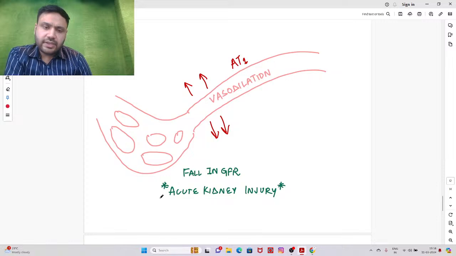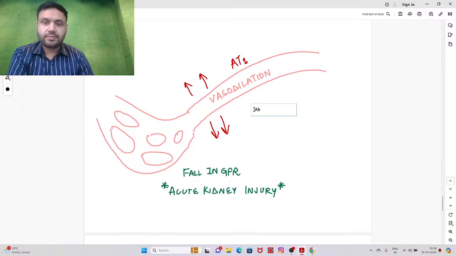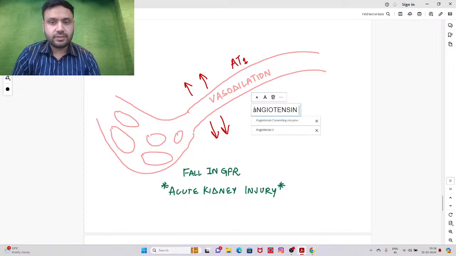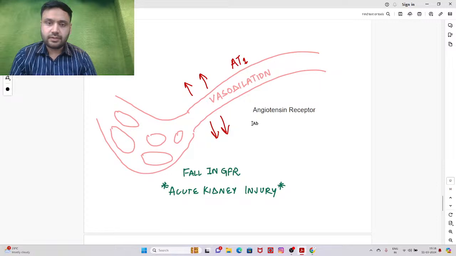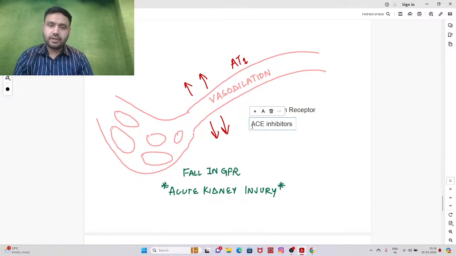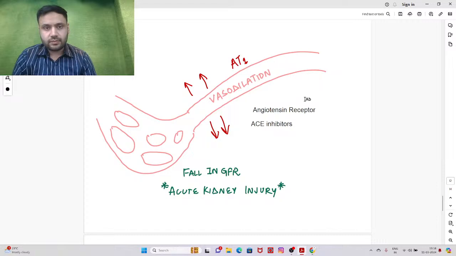Acute kidney injury is one of the important side effects of drugs used in heart failure, and one of them is angiotensin receptor blockers. The second category is ACE inhibitors.